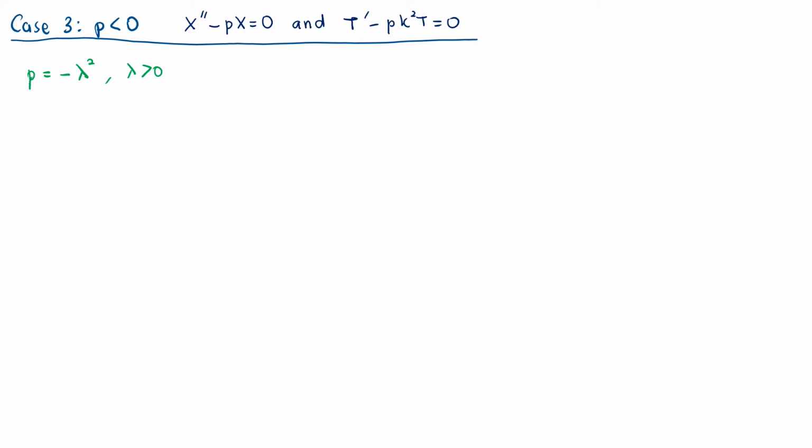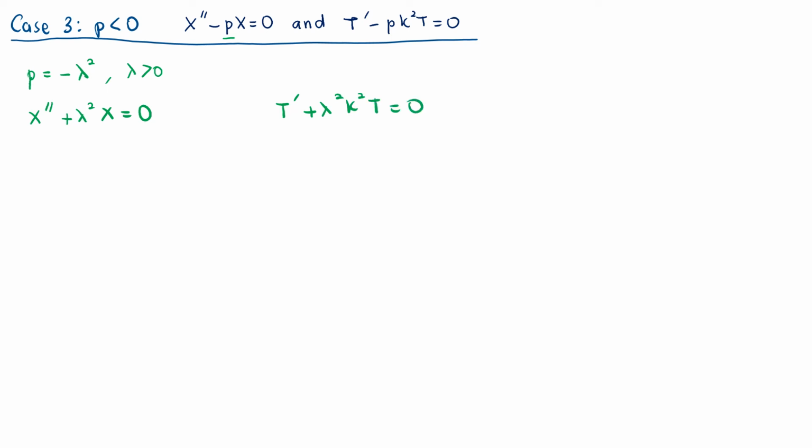Okay, so from here we can substitute p with negative lambda squared. So we get x double prime plus lambda squared x equals 0, and for t it will be t prime plus lambda squared k squared t equals 0.